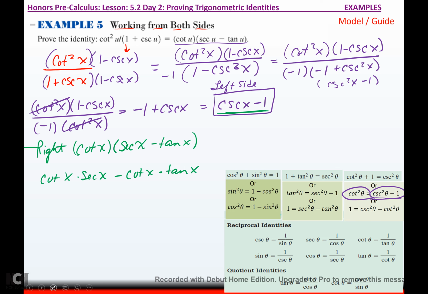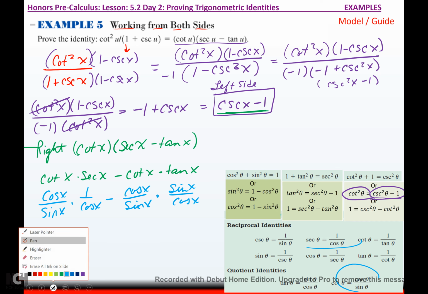If I rewrite everything in terms of sine and cosine, cotangent is cosine x over sine x. Secant x is the same as 1 over cosine x, minus cotangent x again is cosine x over sine x times tan x is sine x over cosine x.